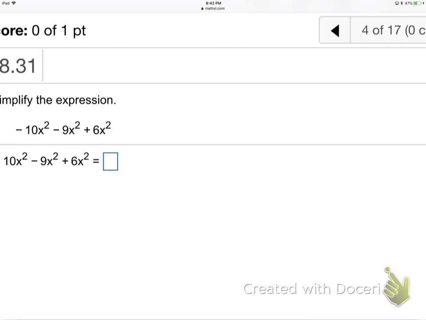Okay, so number 4, minus 10x squared minus 9x squared plus 6x squared. Try that one.